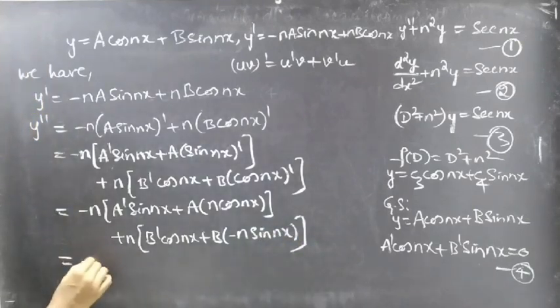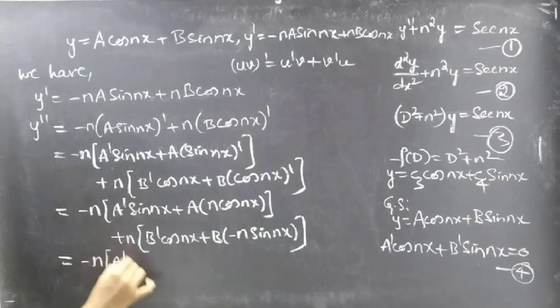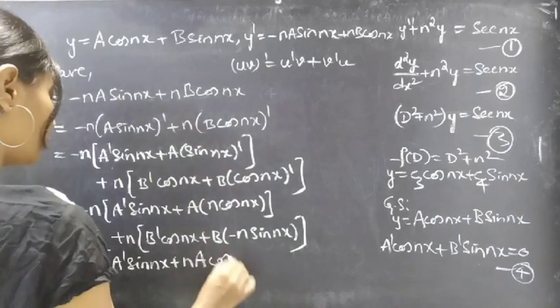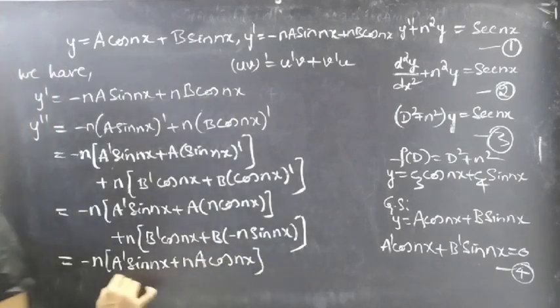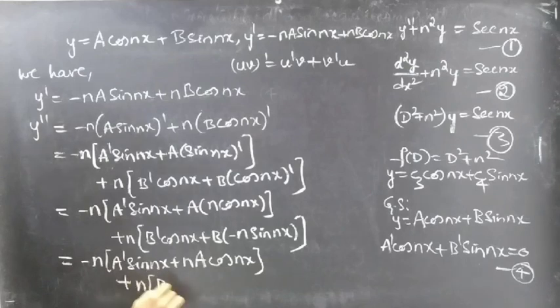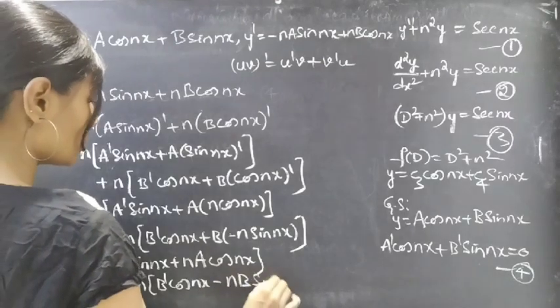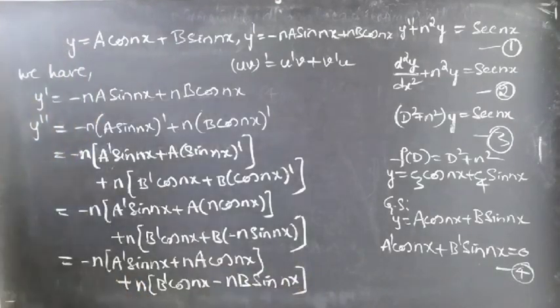This gives us minus n into a dash sin nx plus na cos nx, plus n into b dash cos nx plus minus nb sin nx.